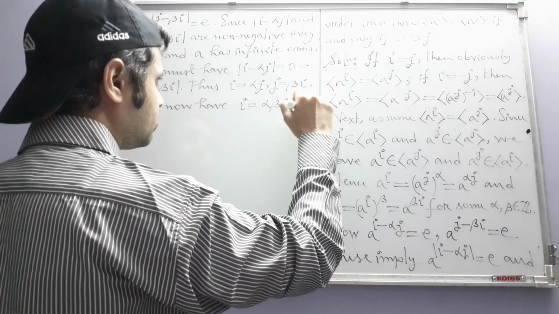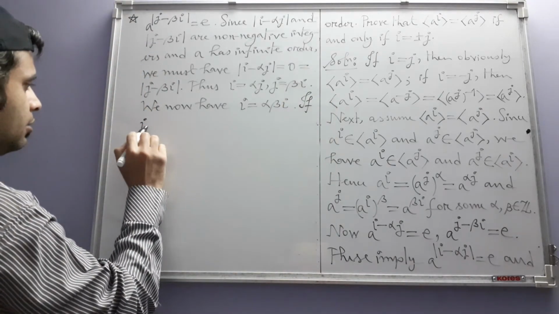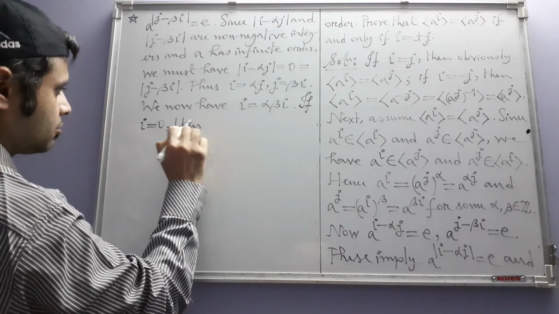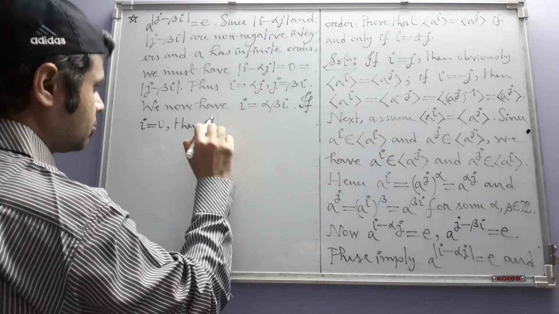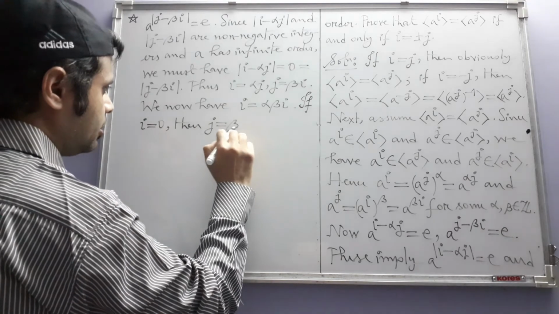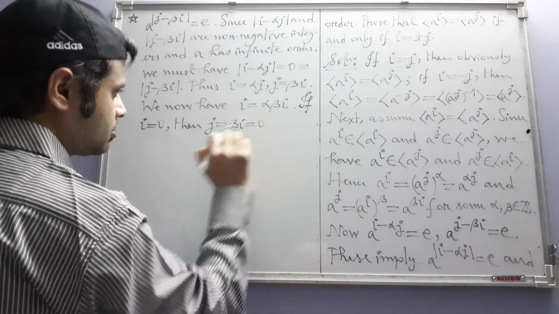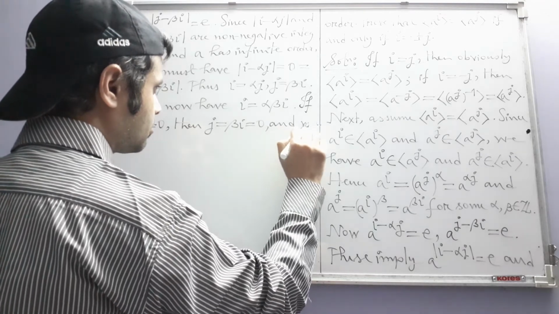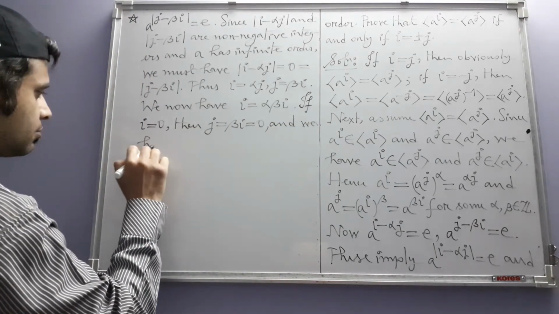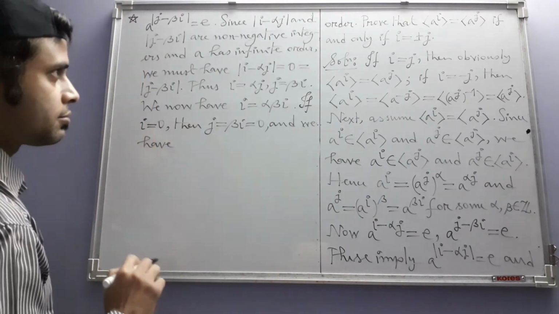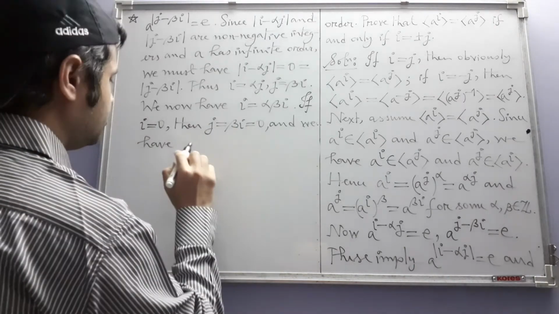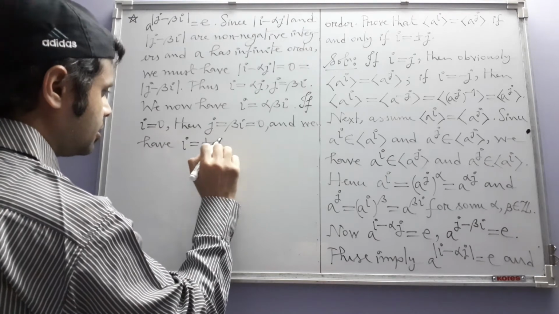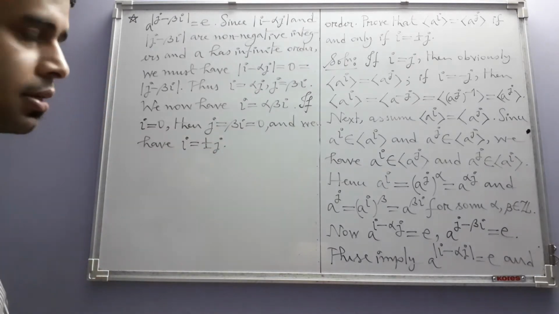If i is equal to 0, then j equal to beta i is also equal to 0, and then automatically we have i equal to plus or minus j, obviously.